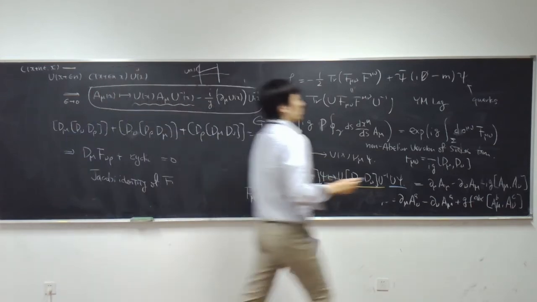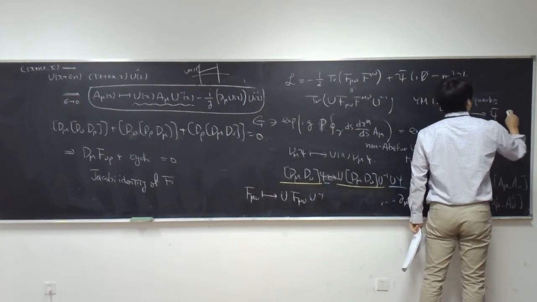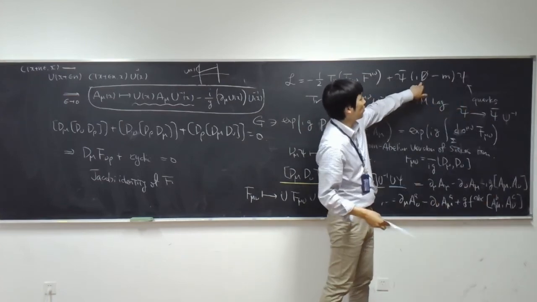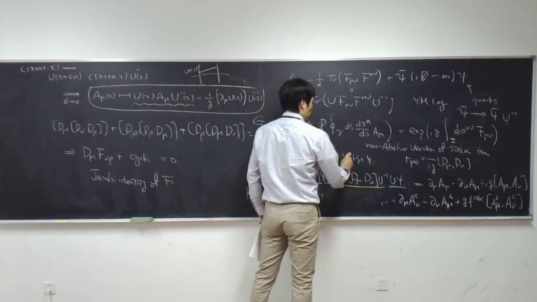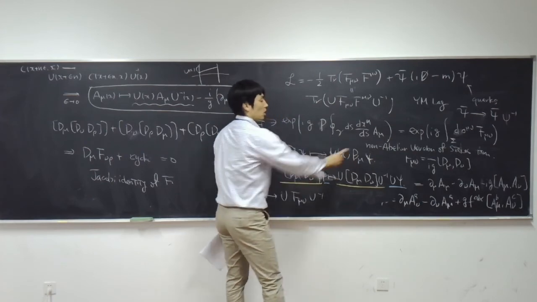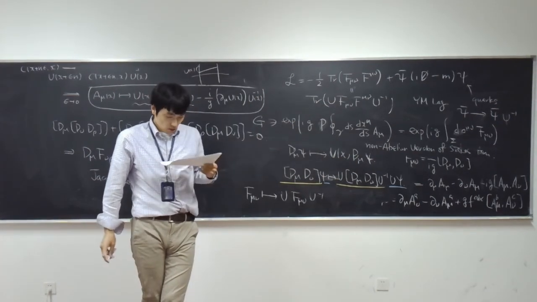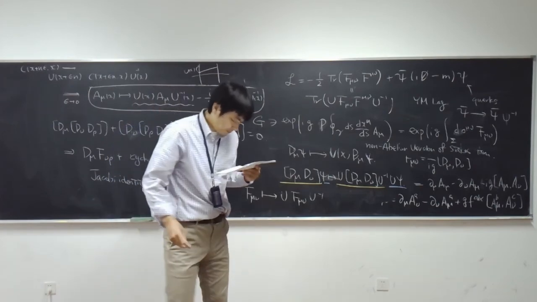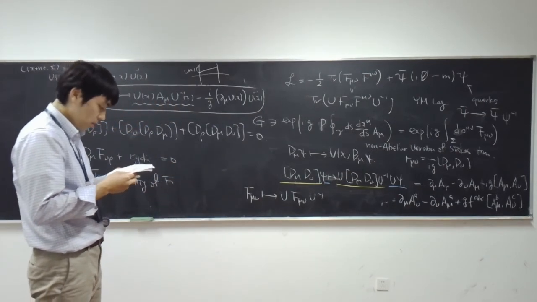As I mentioned, psi bar is of course transformed as psi bar U inverse. But even if D mu acts on psi, it doesn't change the way they transform under the gauge transformation. So therefore, the second term is also gauge invariant under the gauge transformation. Okay, so that's how it works.